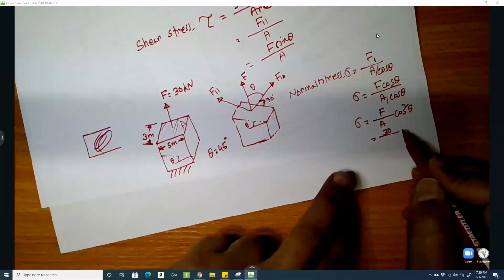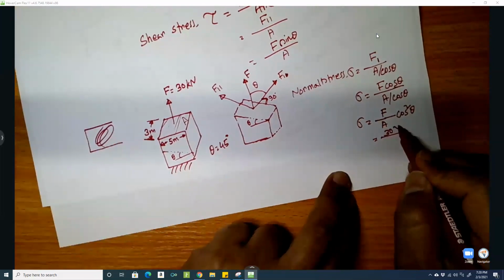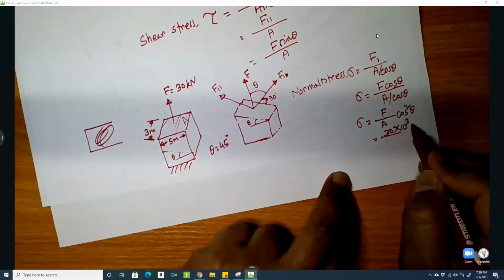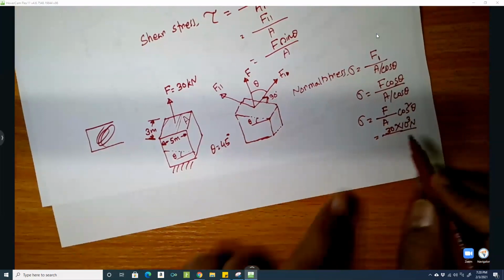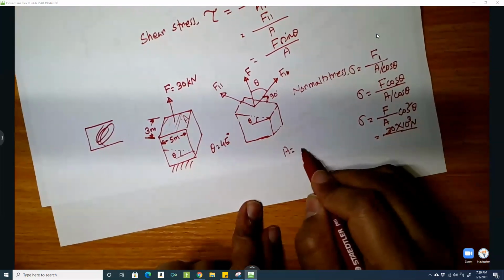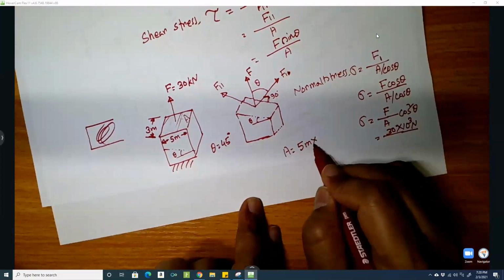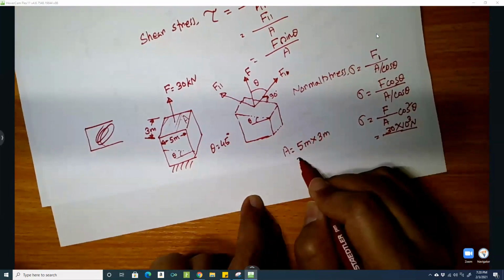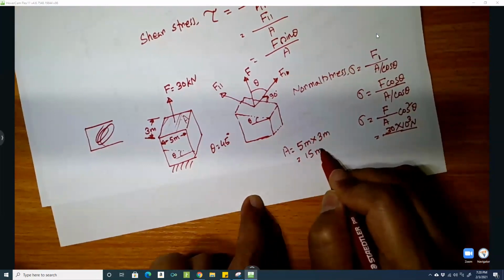So if theta is equal to 45 degree, F is 30 kilonewton, F is 30 into 10 to the 3 Newton, and A, we know this A is 5 meter by 3 meter, 15 meter square.